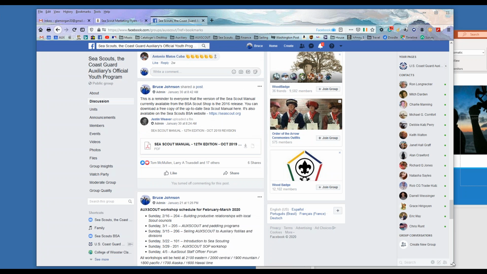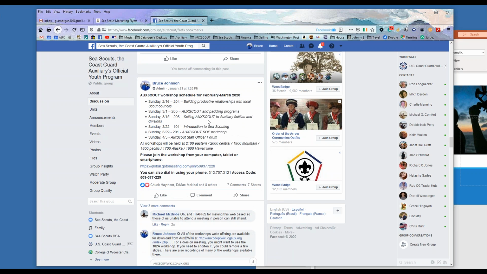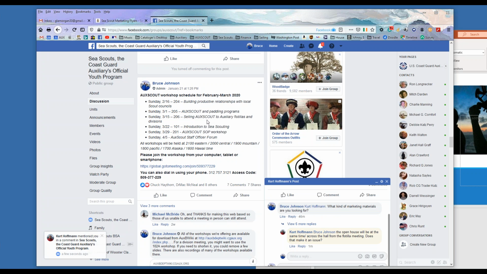Lots of good stuff. The next workshop coming up, it will be in 2 weeks. It is the workshop on AuxScout and paddling programs. A couple weeks later, there will be a workshop on selling AuxScout to auxiliary flotillas and divisions.